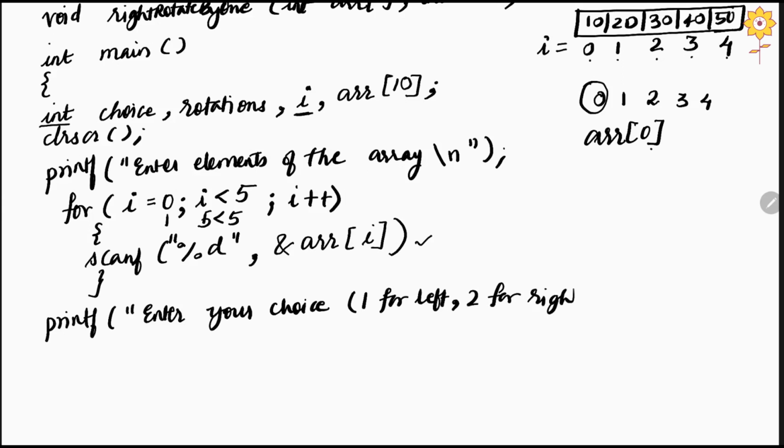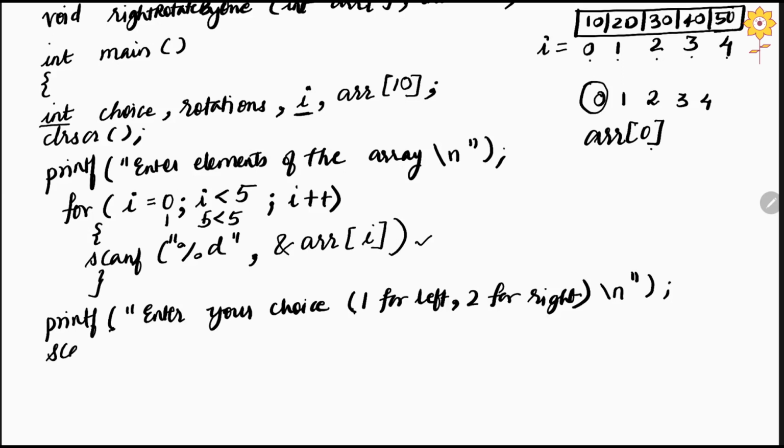If they enter 1 here, we will perform left rotation, and if they enter 2, we will do right rotation. I have written this inside brackets, and then this printf parenthesis needs to be closed as well. Before that I will put \n for a new line, then close the quotes that I started here, close the parenthesis and put a semicolon.